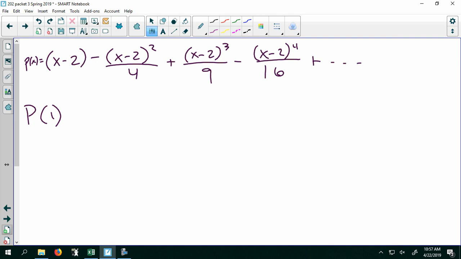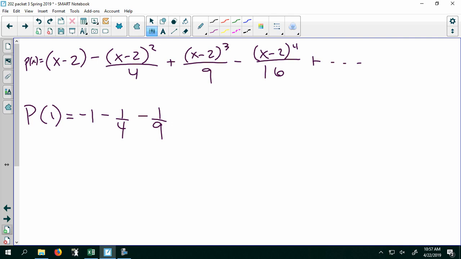We got convergence. So when I plug in a 1, I get 1 minus 2 is negative 1. Then I get negative 1 squared, which is 1. So I have minus 1/4. And then if I plug a 1 in here, 1 minus 2 is negative 1. Negative 1 cubed is negative 1.